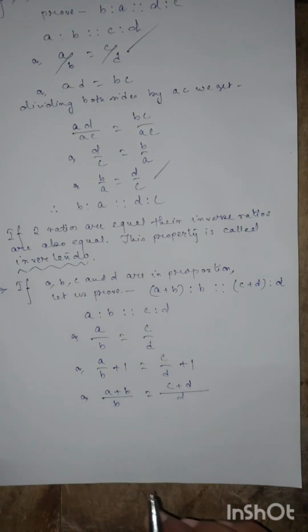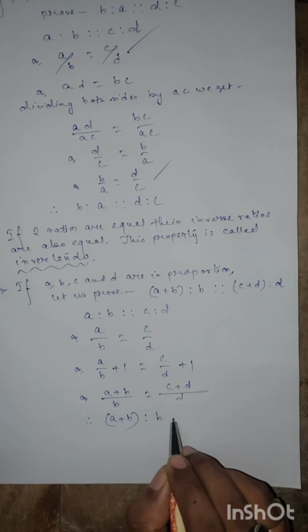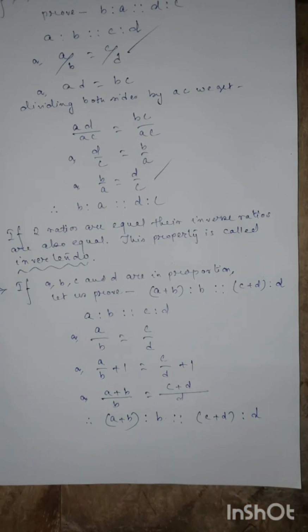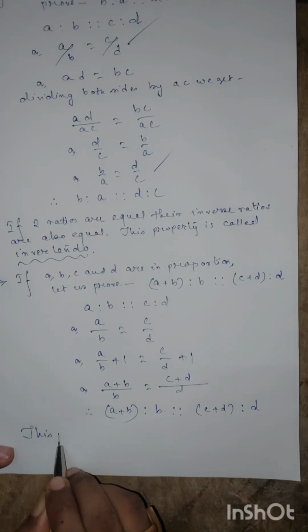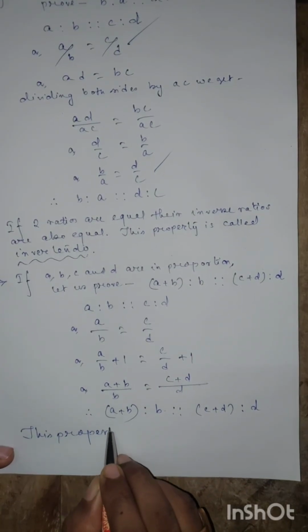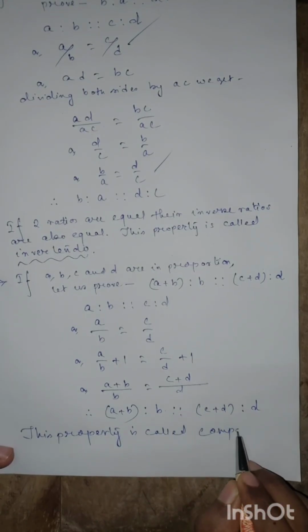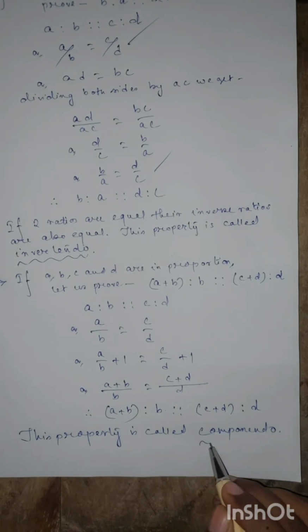Therefore we can say A plus B is to B as C plus D is to D. This property is called componendo. Let us come to our next property.